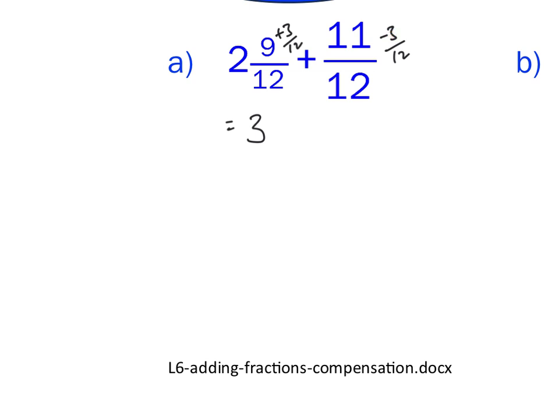So it's going to be 3 plus 8/12, which is just 3 and 8/12. Quinn, can I simplify this? What do I divide them both by to do that? Good. How many 4s are in 8? 2. And how many 4s are in 12?